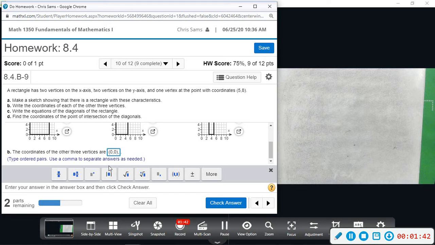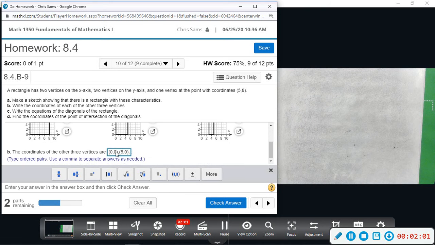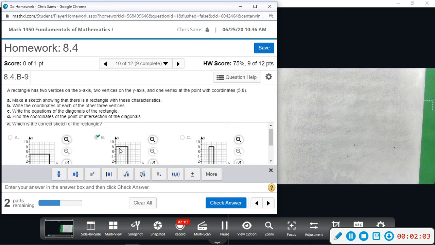And then comma, we have an ordered pair at 5, 0. So x is 5 and the y coordinate is 0. That's the other one that's on the x-axis. And then the other point that is on the y-axis is 0, 8.